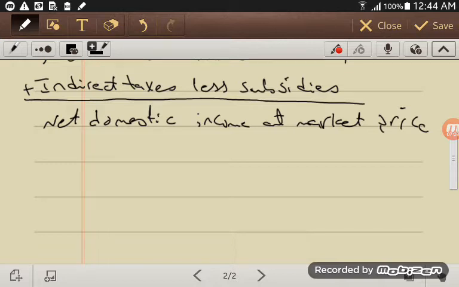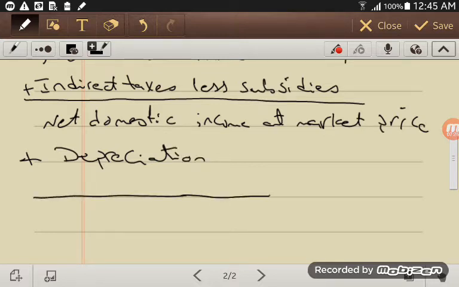Now we would like to convert it from net to gross, as it is gross domestic product, not net domestic product. So we have to add depreciation, and this will be GDP using income approach.